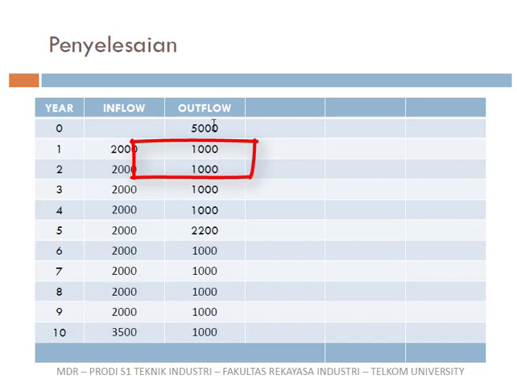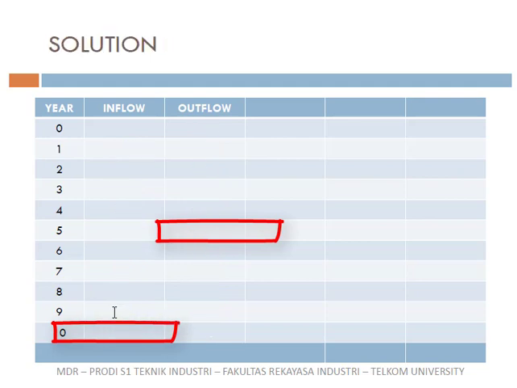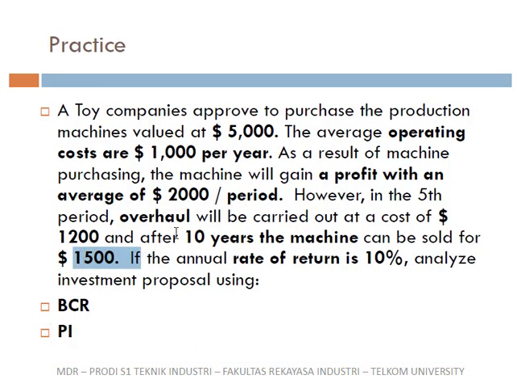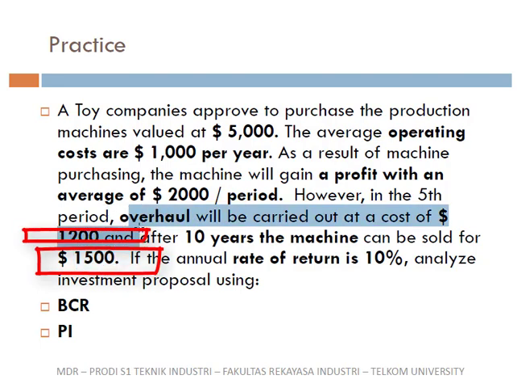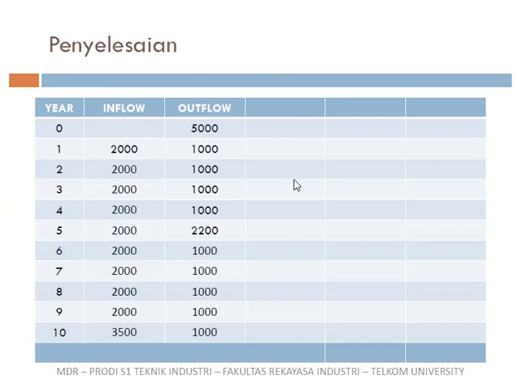So you just put in this information to get the annual benefit and annual cost, and don't forget to put the overhaul cost and also the resale value according to this case. Just write all the information from this case into the following table.